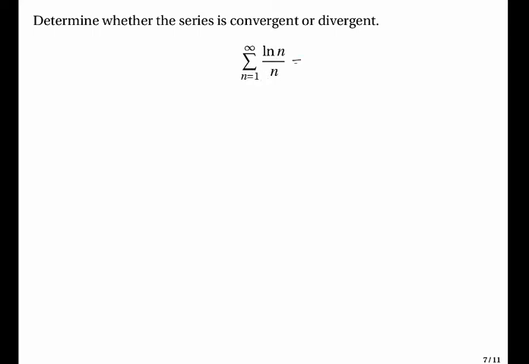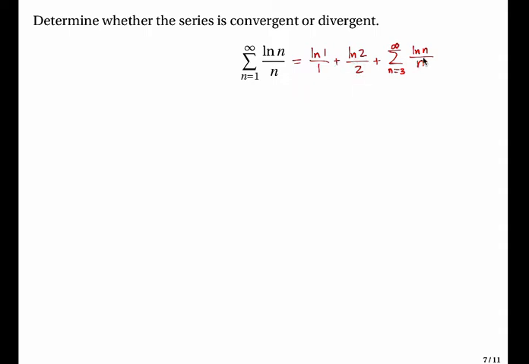This series can be written as ln of 1 over 1, plus ln of 2 over 2, plus, starting from n equals 3, the infinite series sum from n equals 3 to plus infinity of ln of n over n.